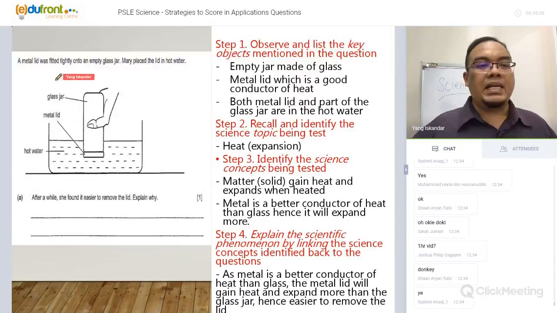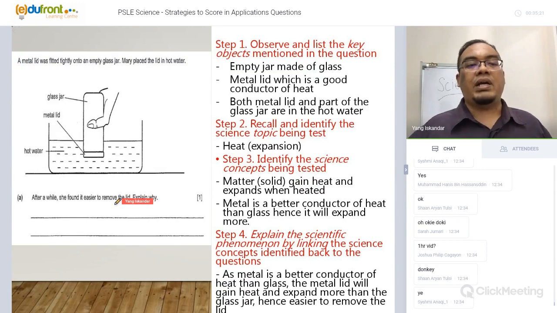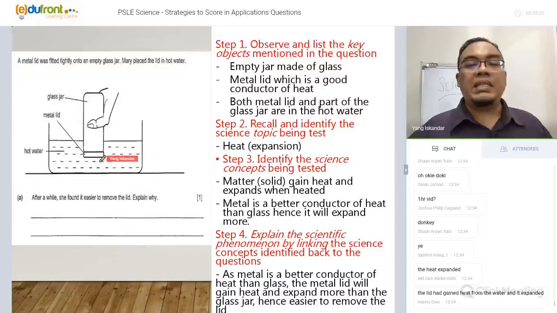Okay, a metal lid was fitted tightly into an empty glass jar. Mary placed the lid in hot water, right? So you notice here, she put everything in the hot water. After a while, she found it easier to remove the lid. Explain why. Now, many students tend to explain by saying that the metal lid gained heat and expanded.